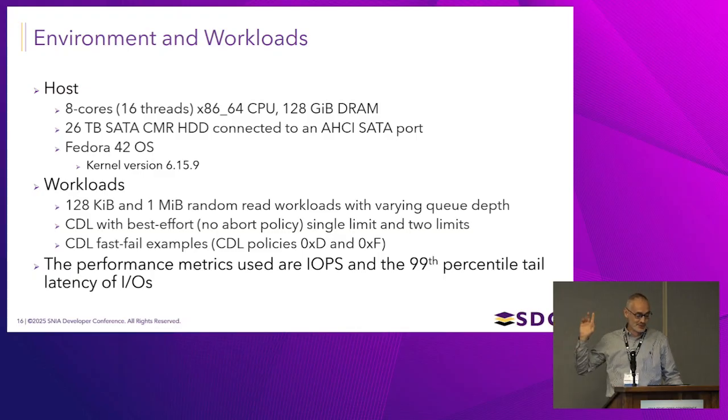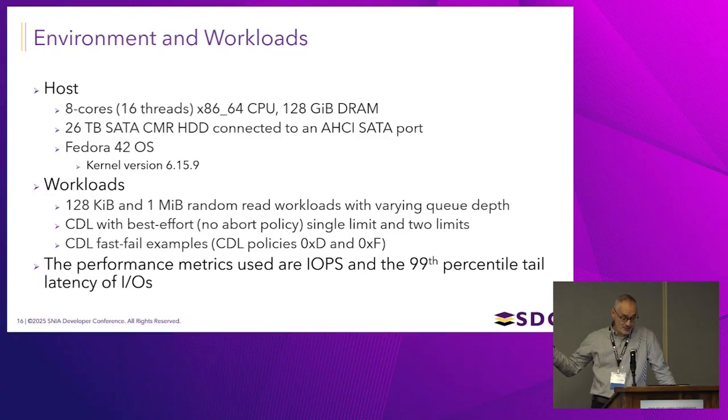The kernel we use is the one that comes with Fedora 42, totally unmodified, out of the box, it works. For the workload, most of the results I'm going to show are 128 kilobyte random reads. I'm going to show also a few with larger I/O, 1 megabyte, but essentially it's all random reads.